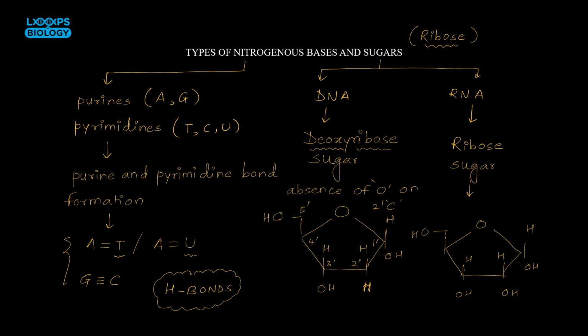So moving on to the next part of this nucleic acid, why is deoxyribose sugar present and what is the ribose sugar basically doing inside a particular structure?